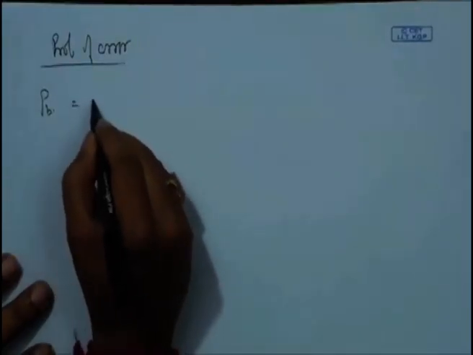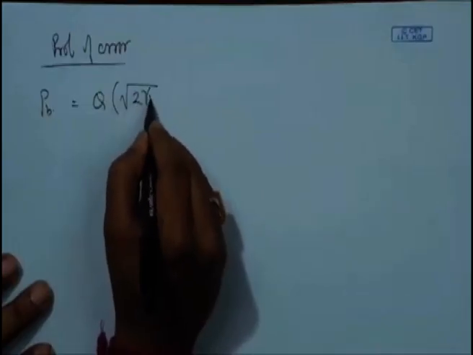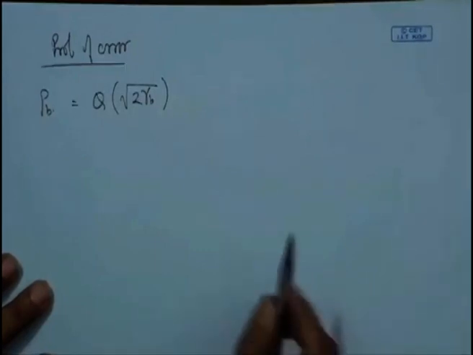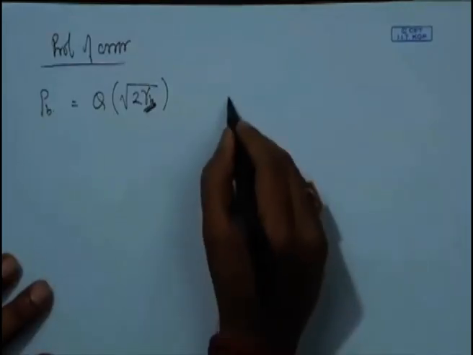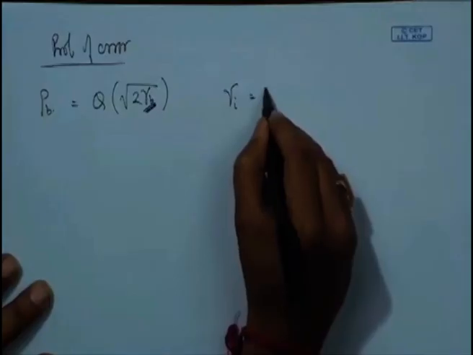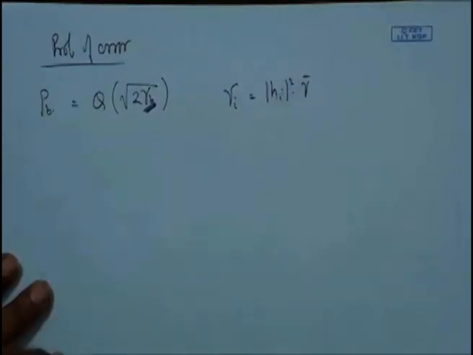The probability of error in case of AWGN for a QPSK could be Q function of root over 2 gamma b, let's say the SNR per bit, and in our case, this SNR is not constant, because the SNR we have seen per branch is equal to Hi squared times gamma bar.